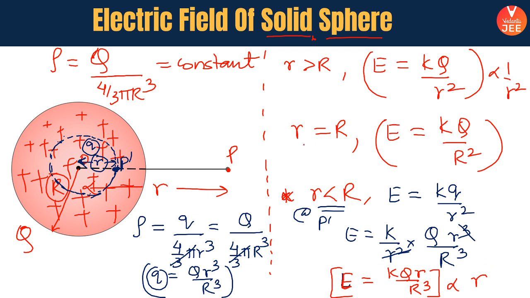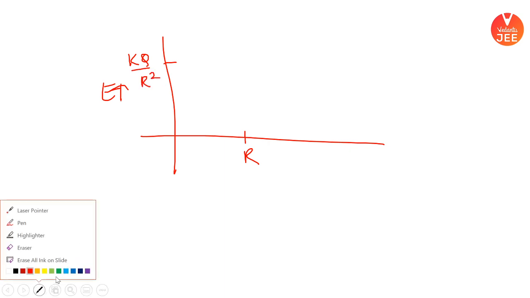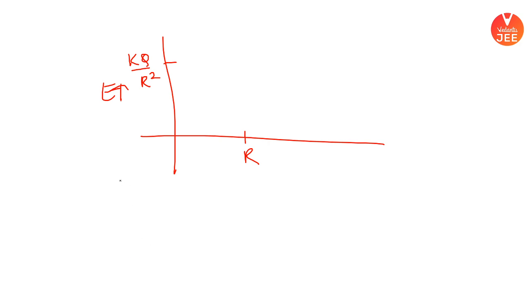So if I try to plot this result on a graph, this is r, this is your electric field. Say this point is kQ by R square. If I try to draw the graph from the center till the surface, the electric field varies linearly.